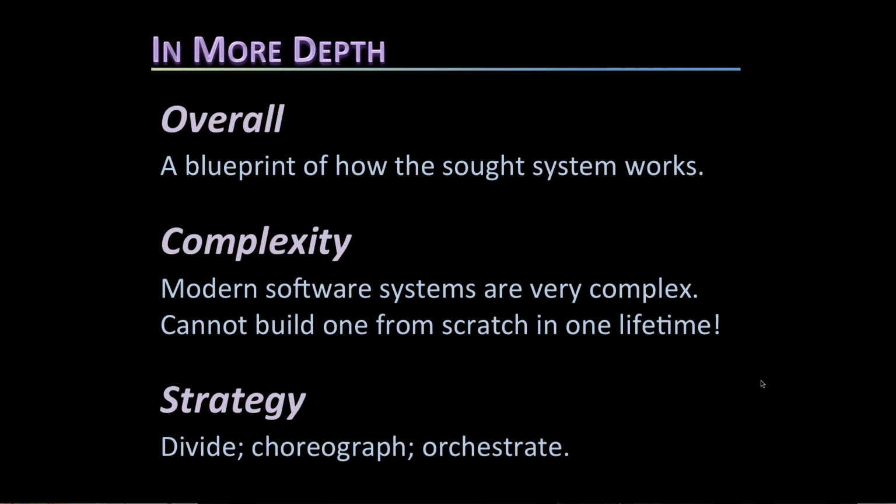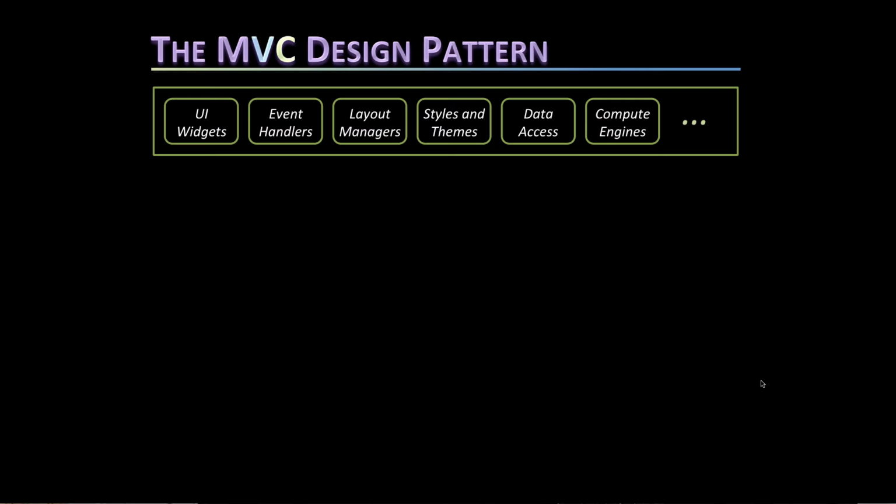So what typically happens in almost all applications requiring a user interface is that the number of components is really large. In our BMI examples, or in general, let's say, you have user interface widgets like text boxes and labels. You have event handlers. They are the behavior, if you like, of the system, and they get triggered whenever one of the widgets is touched.